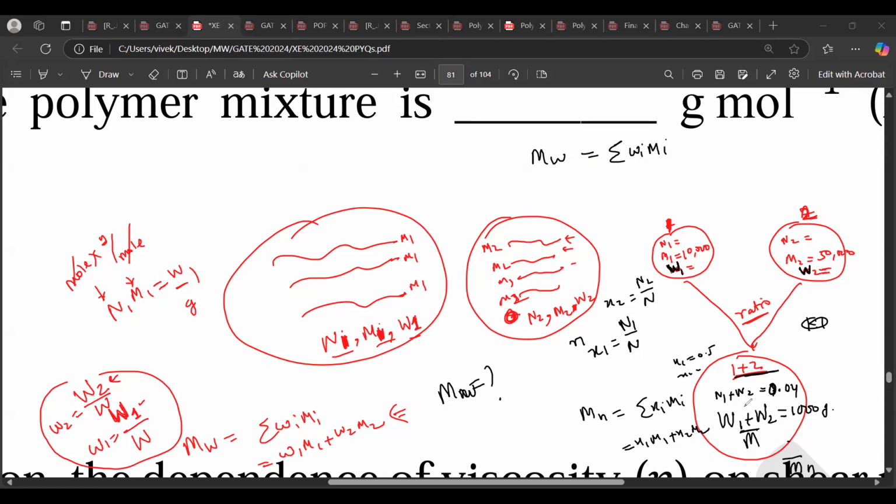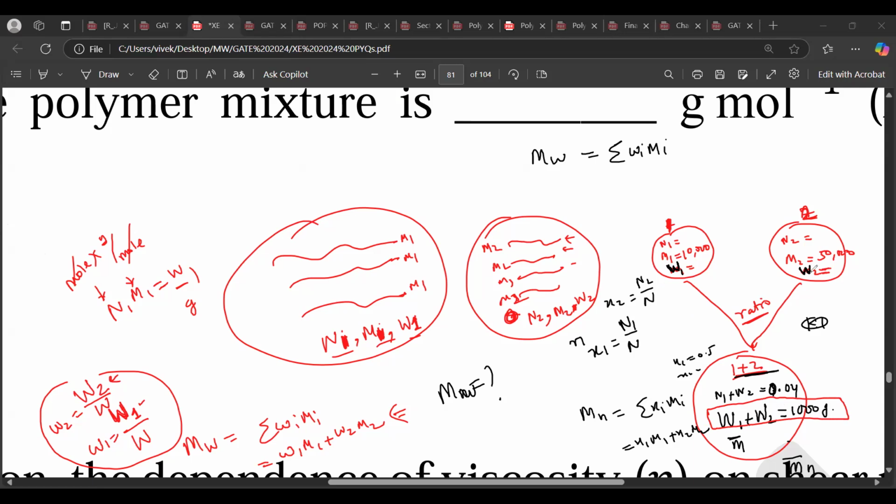If I know W1, W2, I'm happy. And fortunately, my W1 plus W2 is given. So there is a hint that I can calculate the fraction, because the total weight is given. If I can know W1, I can divide W1 by total and get my fraction.